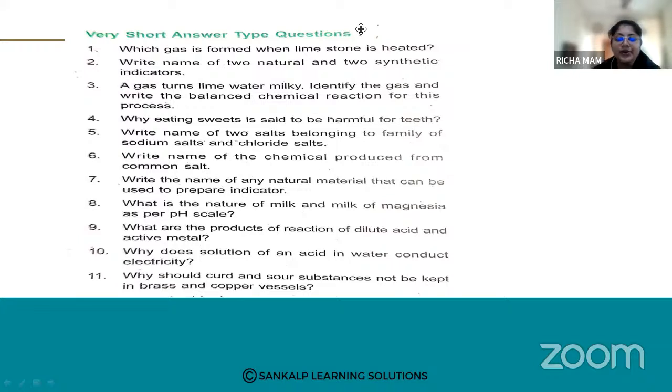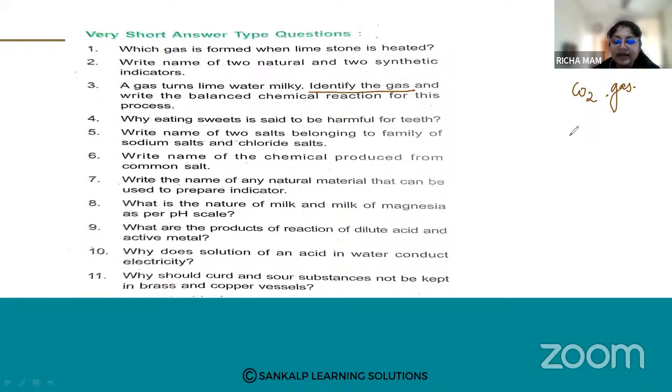Which is the gas that turns lime water milky? It is carbon dioxide gas.